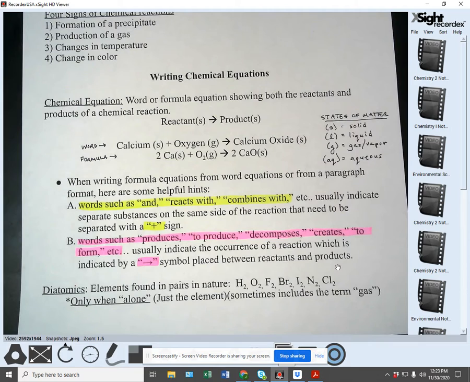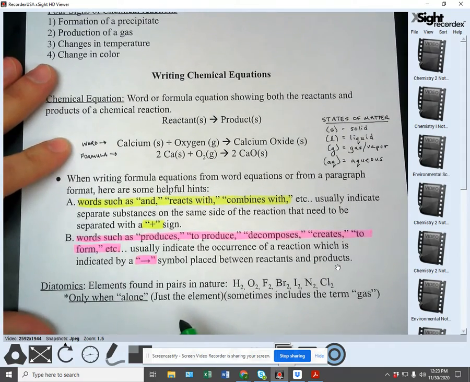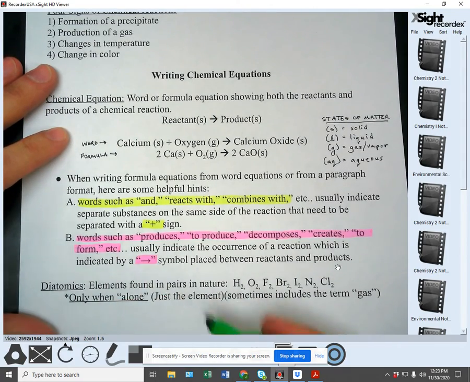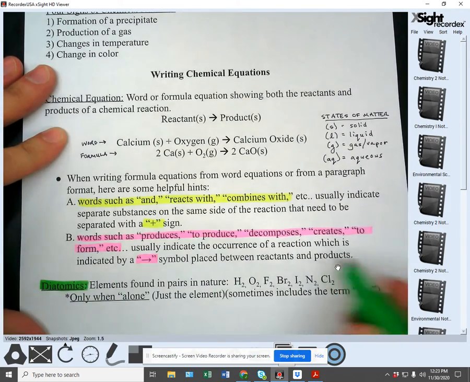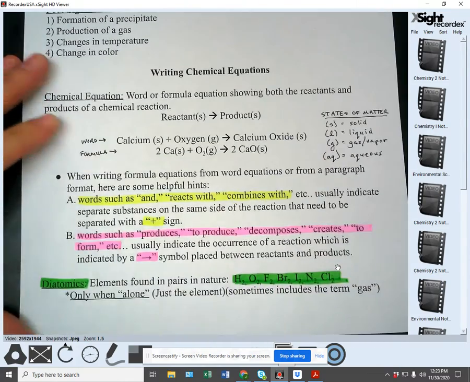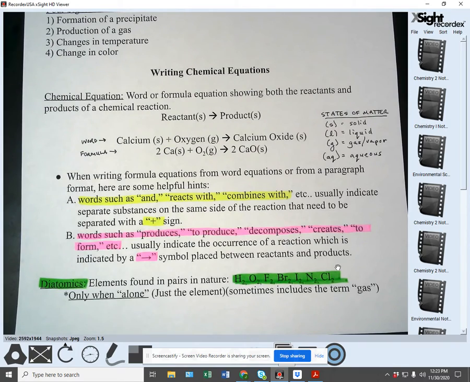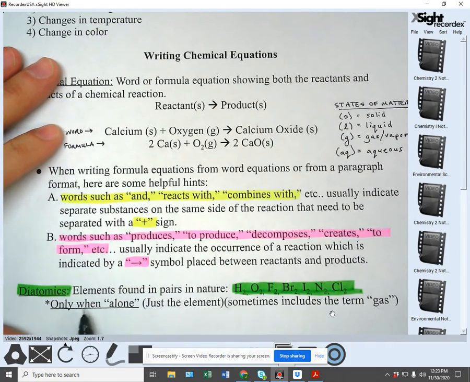Then there's one other important thing when doing chemical equations, especially from words. There are these things called diatomics. Diatomics are elements found in pairs in nature. This is only when they are alone, in other words, just the element, not as part of another compound.